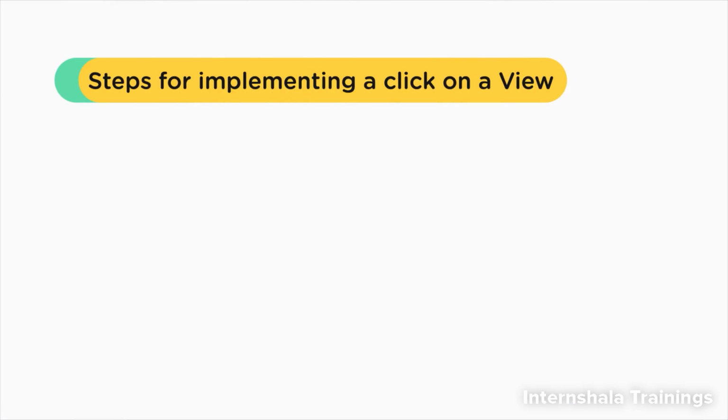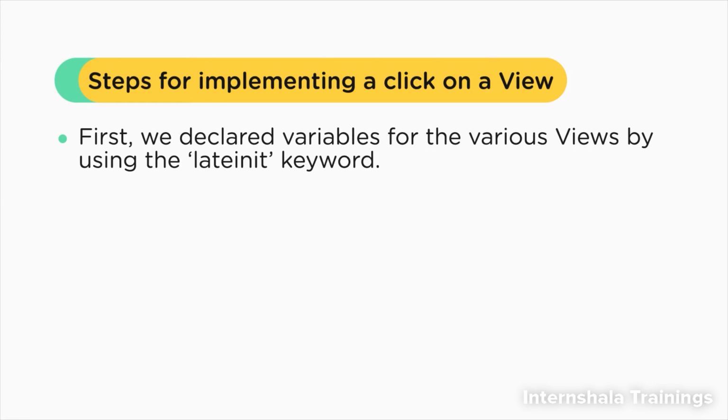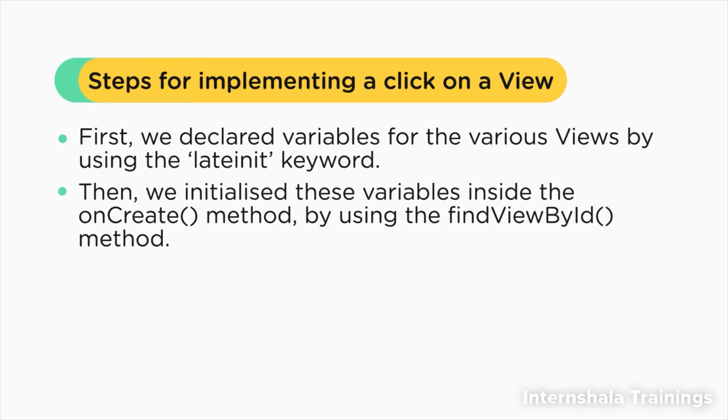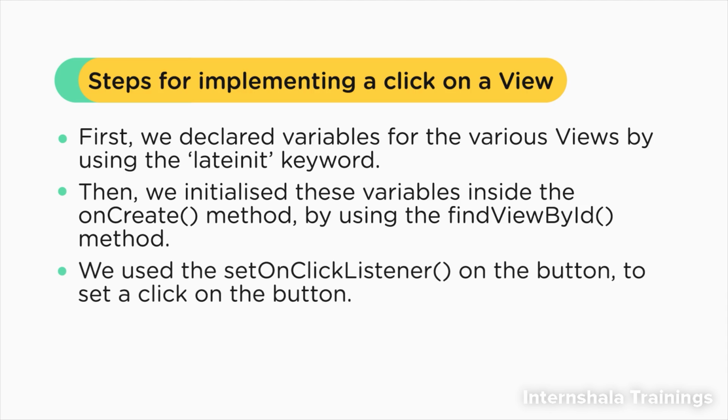Let's quickly summarize the steps we performed to do this. First, we declared variables for the various views by using the lateinit keyword. Then, we initialized these variables inside the onCreate method by using the findViewById method. Next, we used the setOnClickListener on the button to set a click on the button.